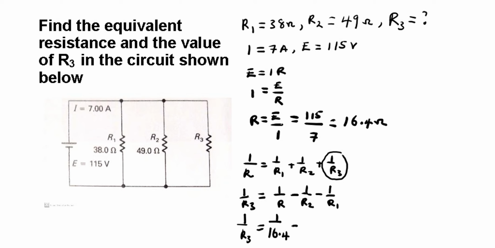Then minus 1 over the value for R2, which is 49. Then minus 1 over R1, which is 38.